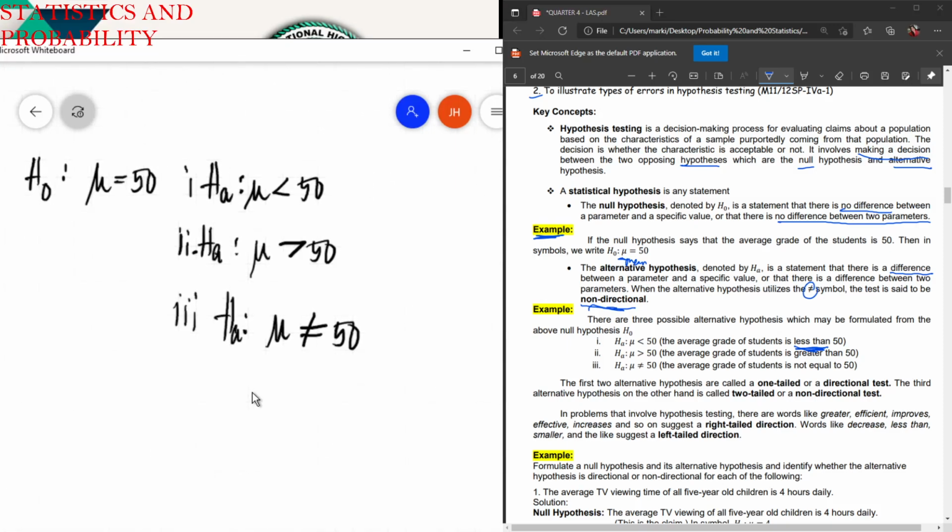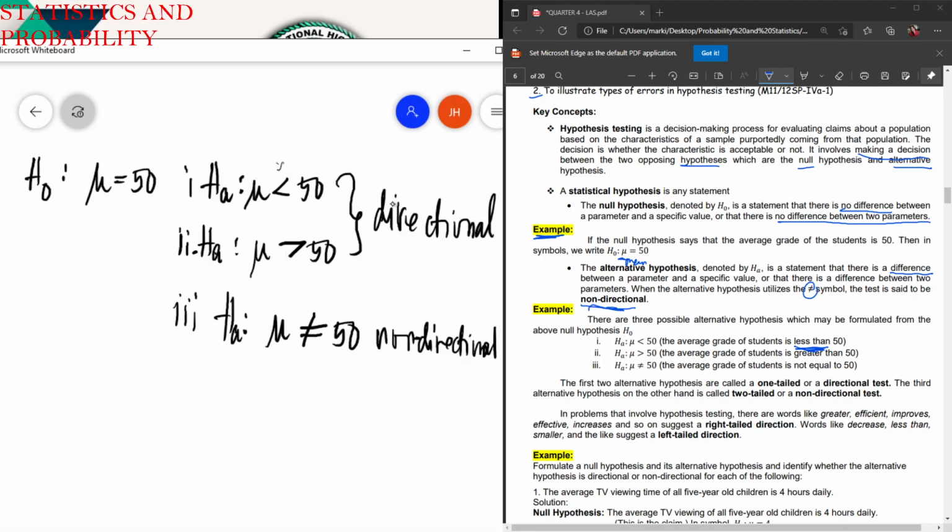So let's go back here. The not equal is what we call non-directional, while these two are what we call directional, because the less than means the direction is to the left, and the greater than is to the right.